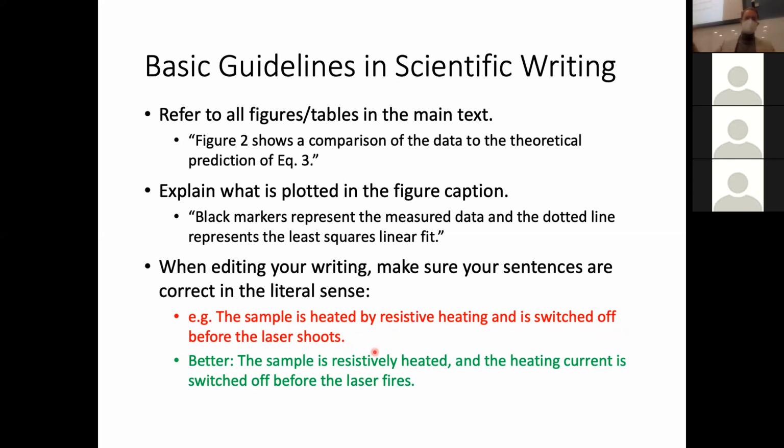But that's not actually what they meant to say. They meant to say that the resistive heating was switched off before the laser shoots. So make sure that you word the sentence in a way that's clear, that that's what you mean. So it would be better to write, the sample is resistively heated and the heating current is switched off before the laser fires. Right? This is a more objective and precise way to explain what you did in the experiment.